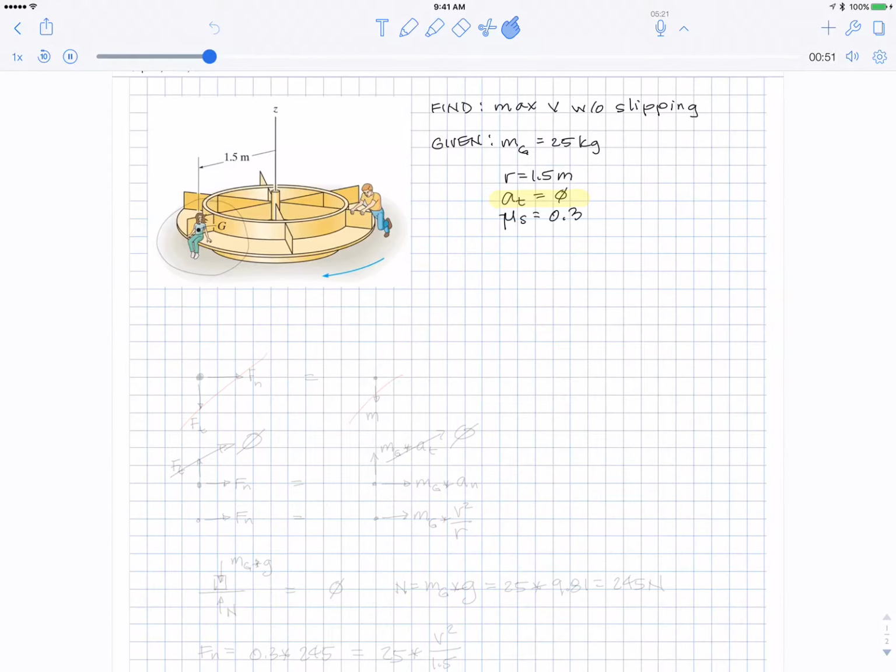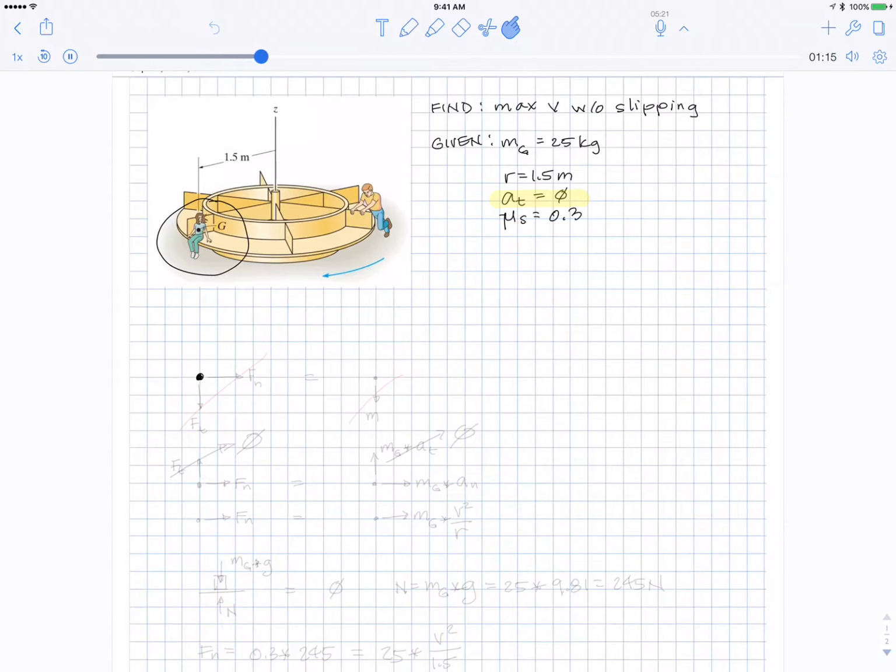So let's draw the free body diagram of the girl. I'm going to just use a top view, and since she's a particle, I'm just going to draw a dot. There is a force of weight going into the paper and a normal force coming up out of the paper, but that's not relevant to us.